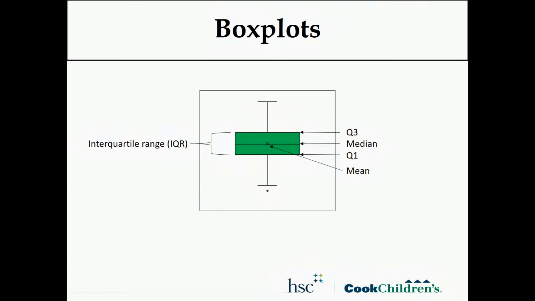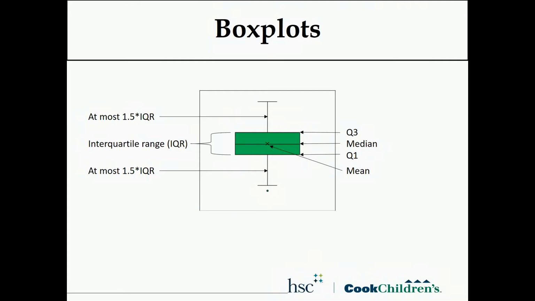And I'll explain this later, but you can use the proportions of the various lines to determine how normal something is. So the whiskers are going to be the vertical lines, and they're at most 1.5 times the interquartile range.